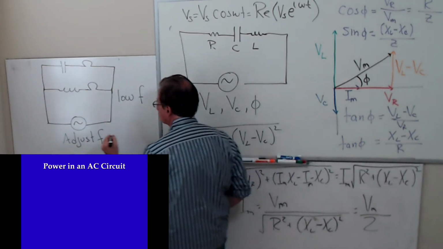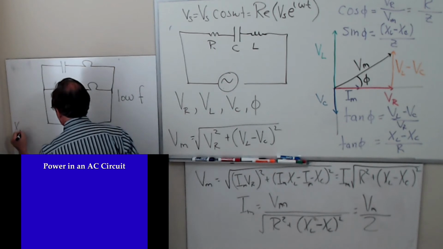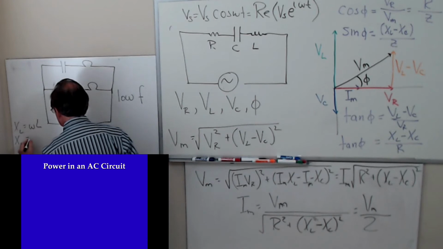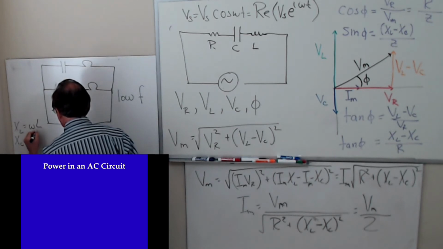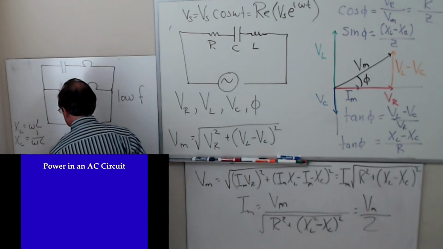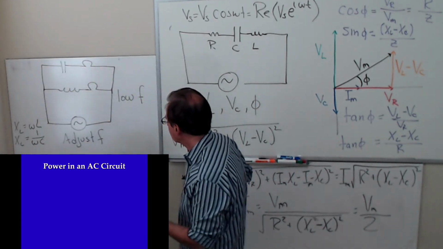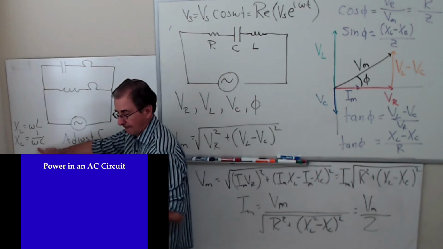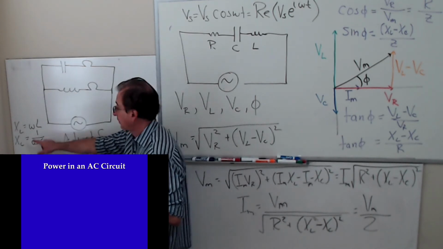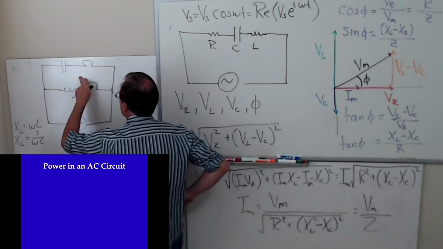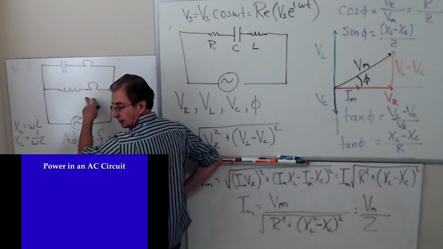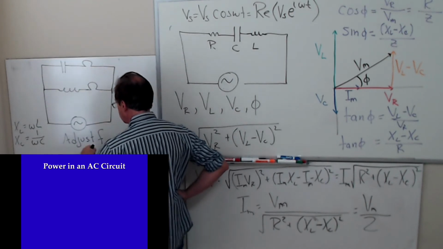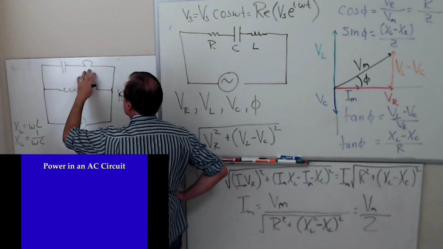Remember that X sub L equals omega times L, and X sub C equals 1 over omega C. Well, at low frequencies, this is very large. Think of the current here and think of the current here. The current here is going to basically be the power supply voltage divided by this impedance.